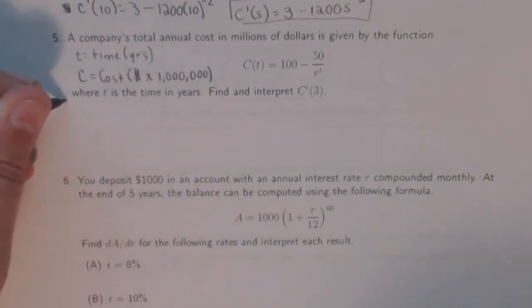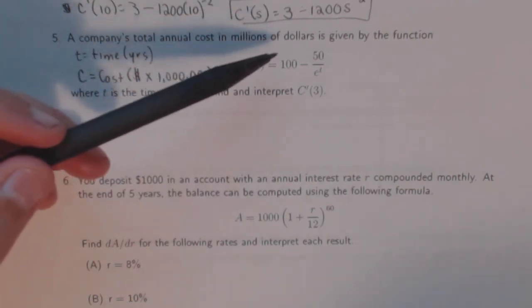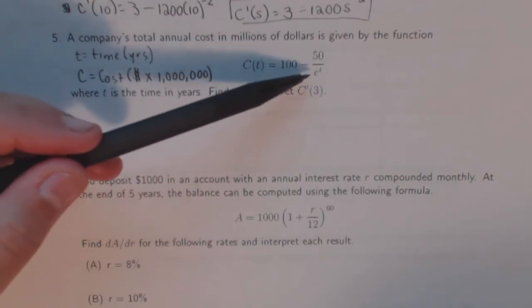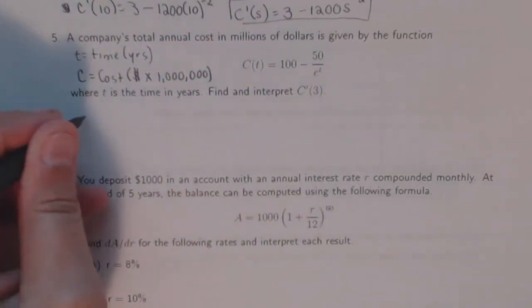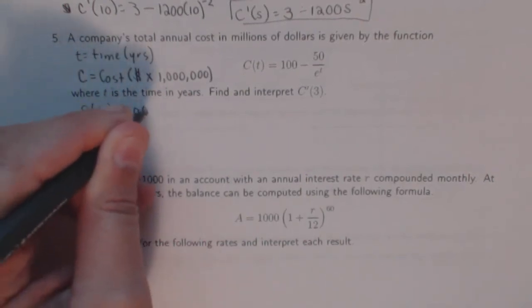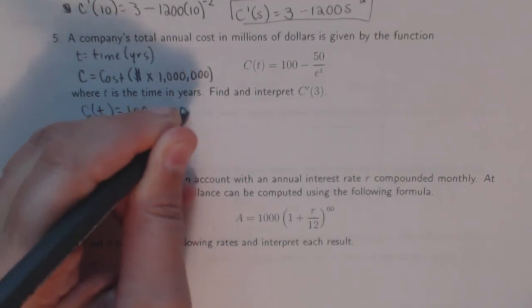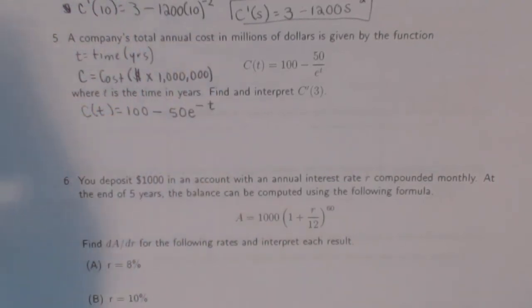And we are asked to find and interpret c prime of t. So we need to find this derivative. I'm going to rewrite this as c of t equals 100 minus 50 e to the negative t. That's not a derivative, that's just a rewrite.